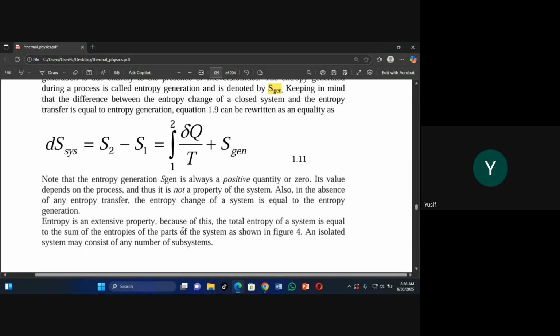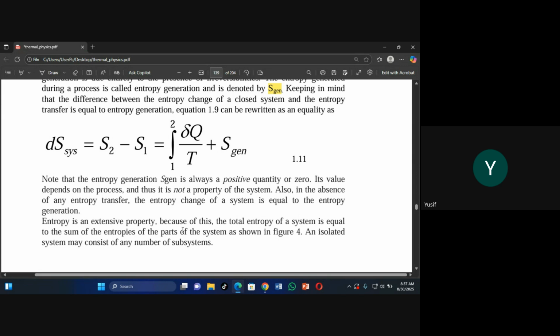Also, in the absence of any entropy transfer, the entropy change in the system is equal to the entropy generation. So in a system where there is no entropy transfer, the entropy change of the system is equal to the entropy generation. Okay. Entropy is an extensive property. Because of this, the total entropy of a system is equal to the sum of the entropies of the parts of the system, as shown in figure 4.